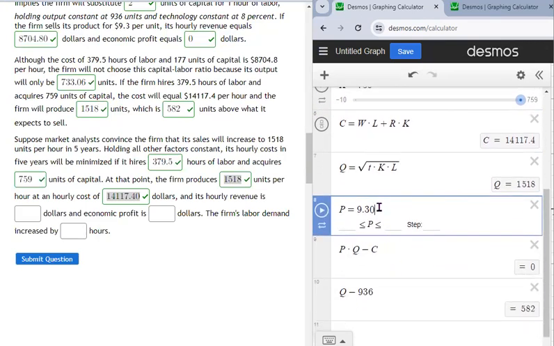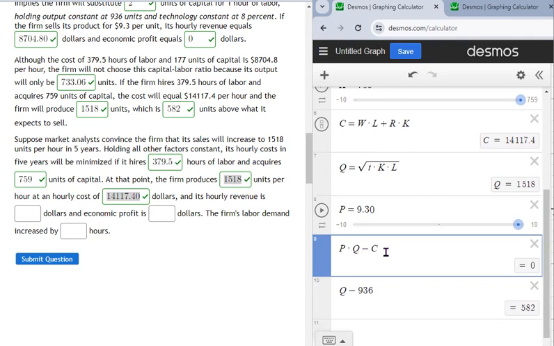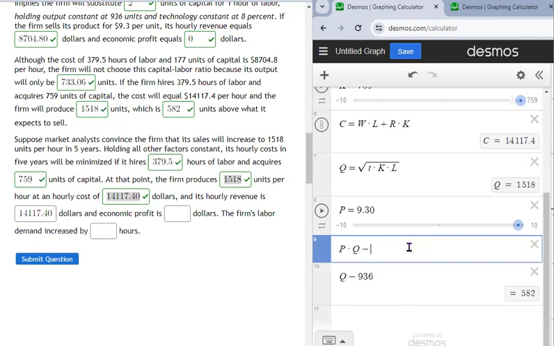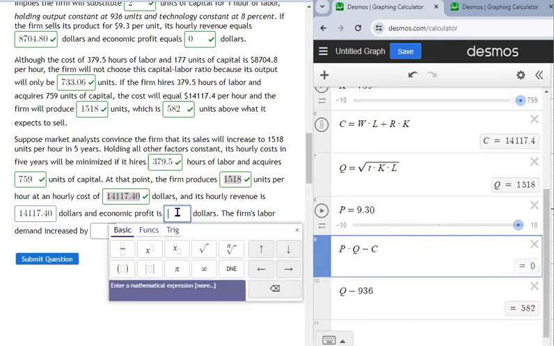The revenue is $14,117.40, right? So the hourly revenue is $14,117.40. When I subtract off the cost, my economic profit is zero, right?